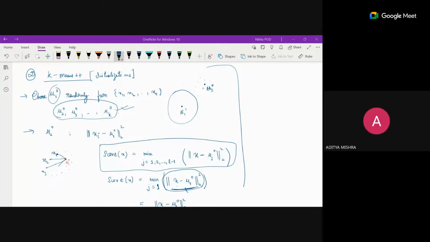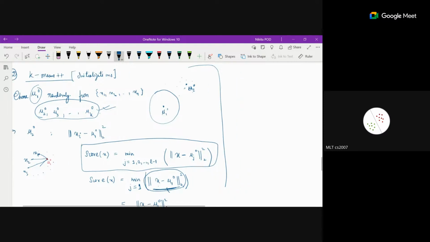With the higher score, it has a higher chance to be chosen as the second mean. Do you really take it as the second mean when you initialize? No, this is a probability distribution we're talking about. Let's say my data point xi has the highest score.